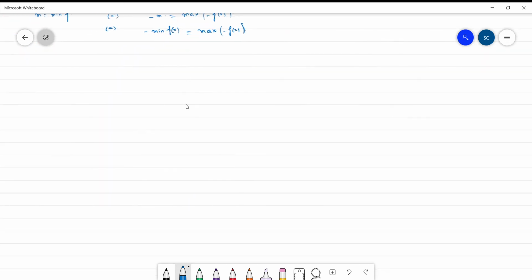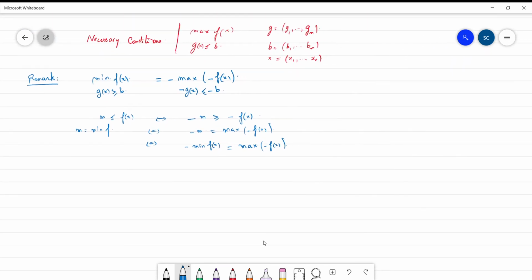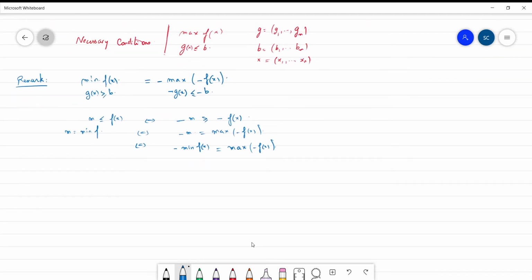Now our purpose is to find the characterization of candidate points for optimality. As we said, when we have an inequality, we need to work on cones.